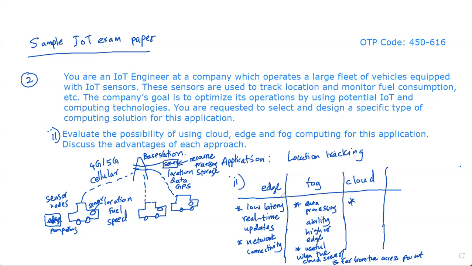So rather than sending all the data to the cloud server, we can send the data to the fog server, get some data processing done there up to a certain level, and after that we can take some useful data from that processing.